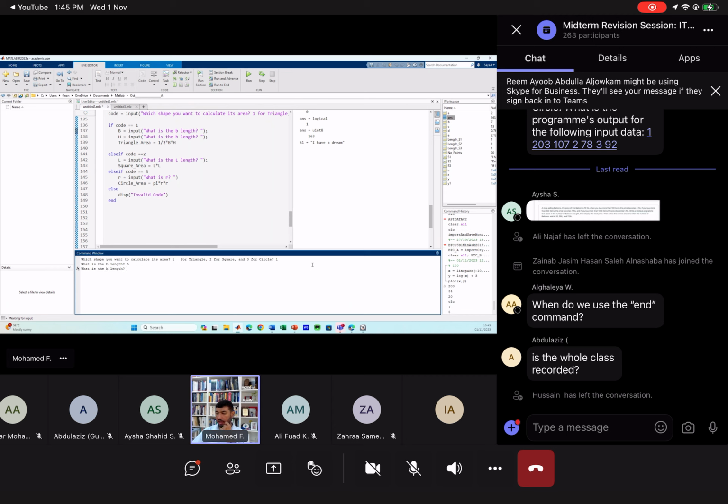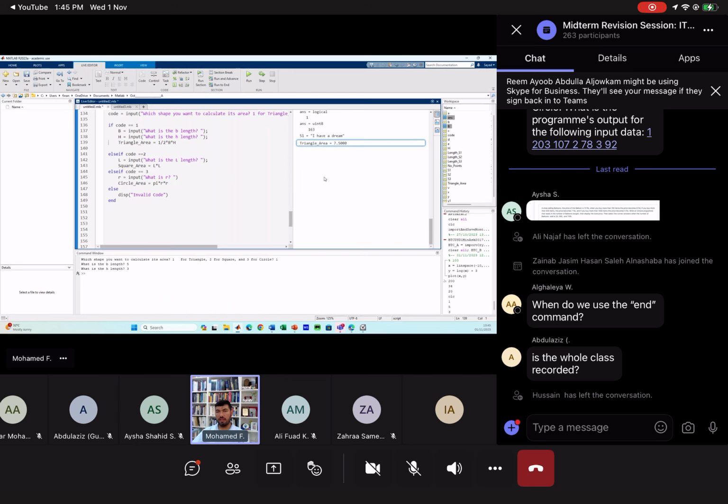What is the base? I'll say 5. And what is the height? I'll say 3. And we can see the answer is 7.5 there.